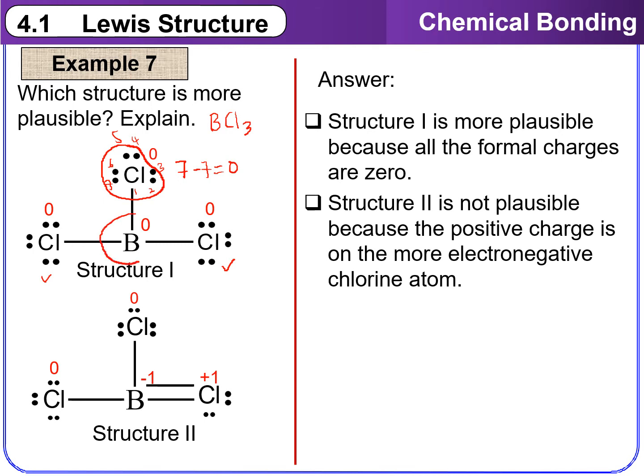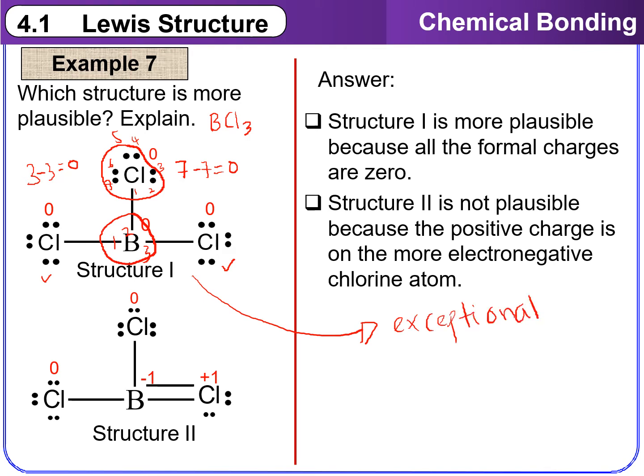Then now we focus on the boron. Boron has 3 valence electrons, and here we have 1, 2, 3, so minus 3 equals 0. Even though the boron has not achieved an octet yet, in the previous chapter we did learn about exceptions to the octet rule.